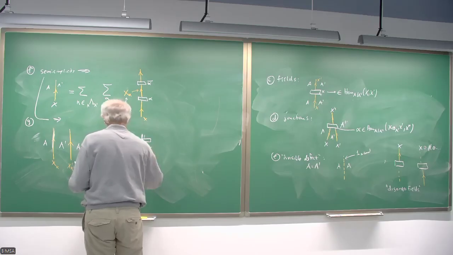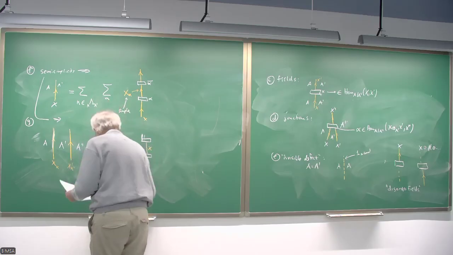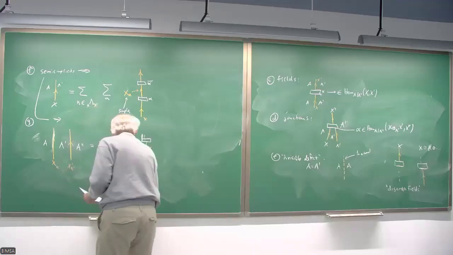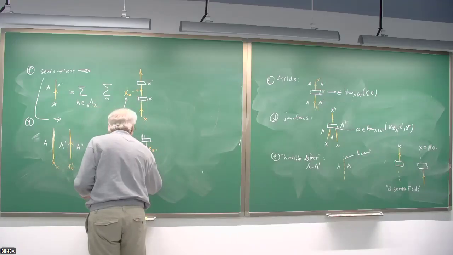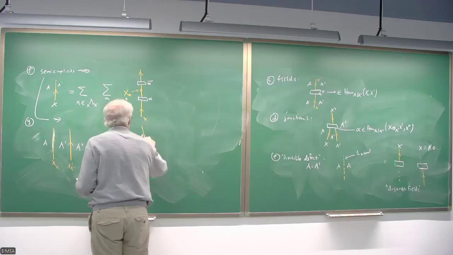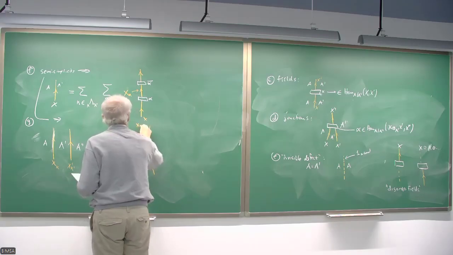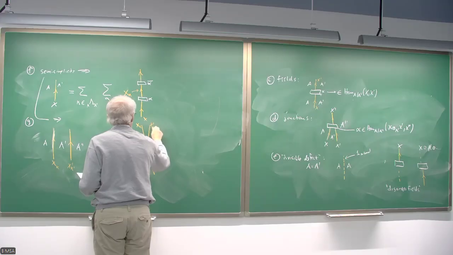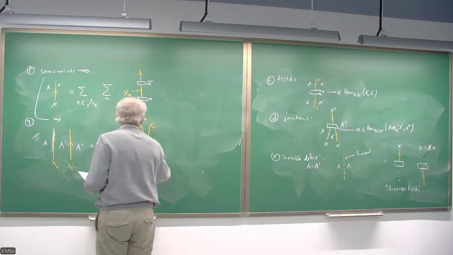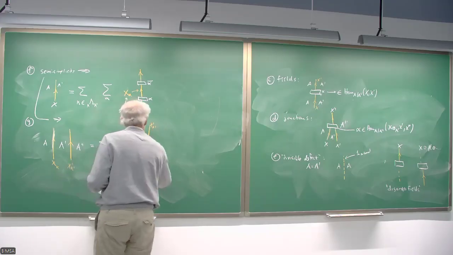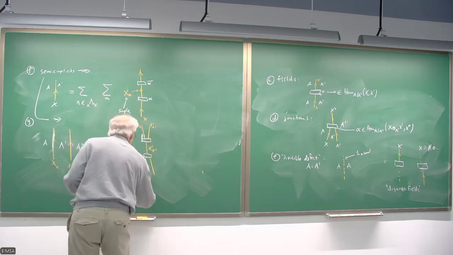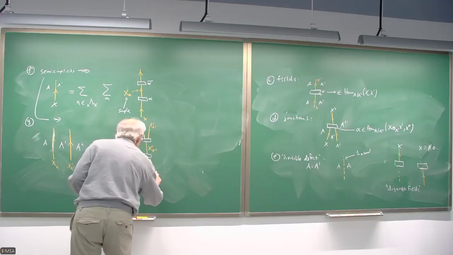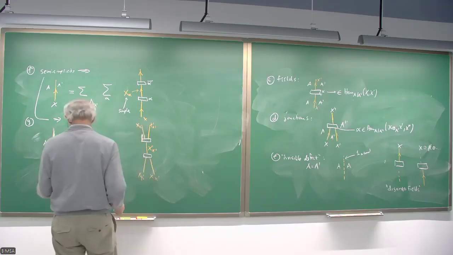Simple object x, this would be kappa double prime now. x kappa double prime. To be very precise, x double prime, kappa double prime, because again, different.